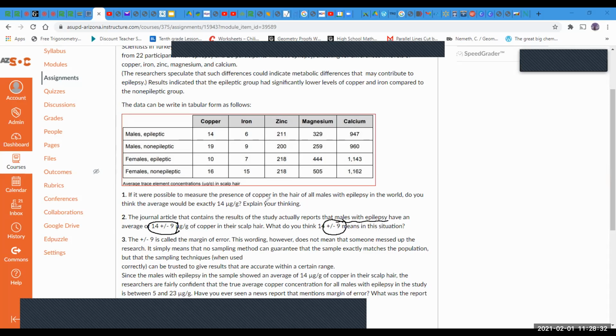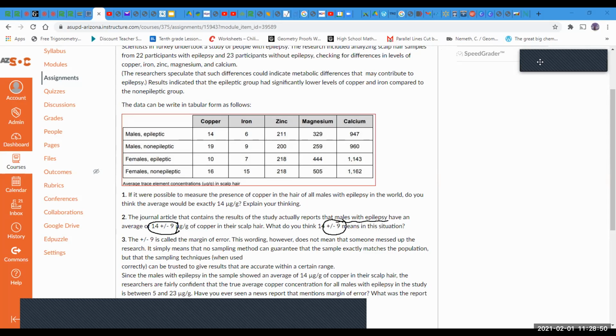So that is about question number 2. And question number 3 is, the plus or minus 9 is called the margin of error. That is actually a long question. Mac, can you please read that question? The plus or minus 9 is called the margin of error.